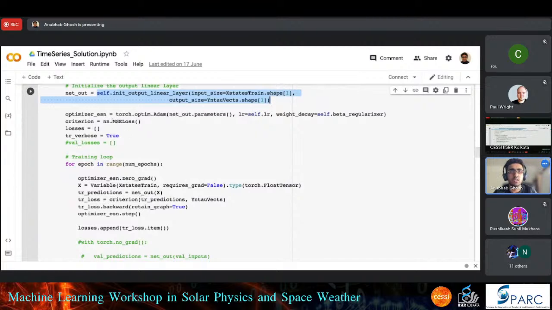This loss is using an MSE loss criterion, and you take one step backward in the optimization. The backward basically means that you compute one step in your backpropagation algorithm. That means you get the gradients for your weights, and the step basically updates your weights using the computed gradients, using this optimizer step.